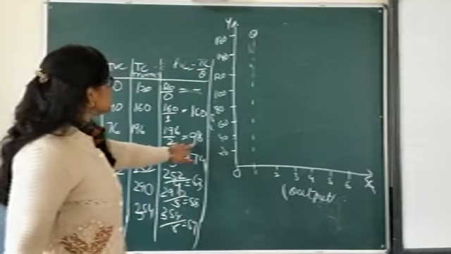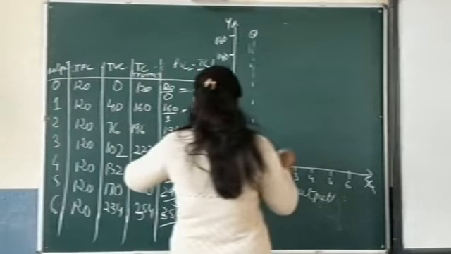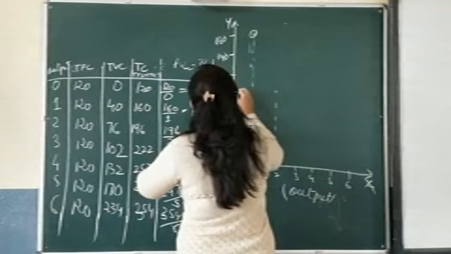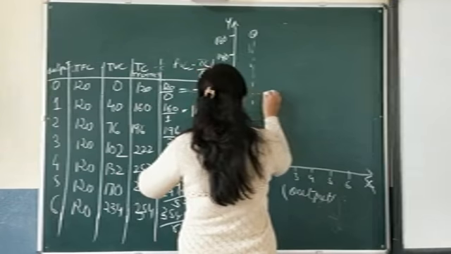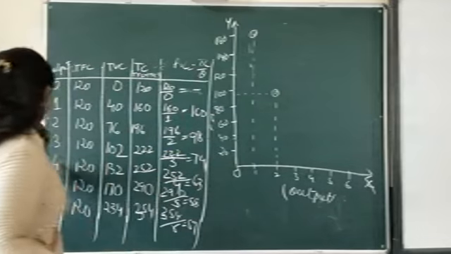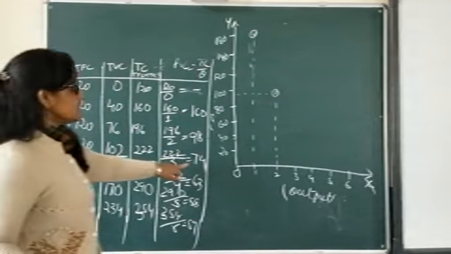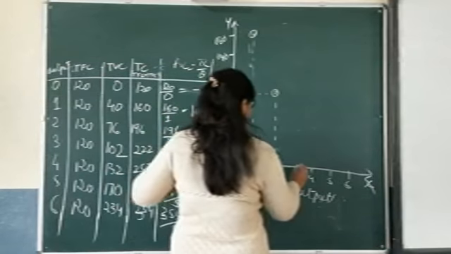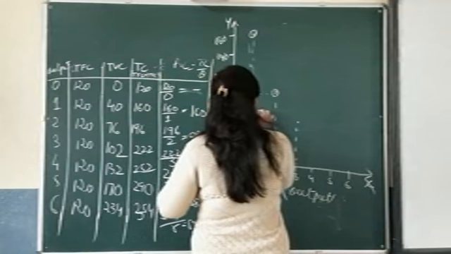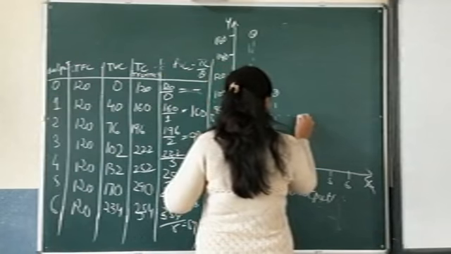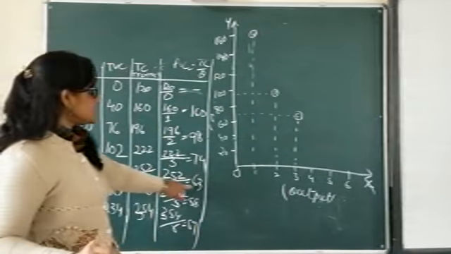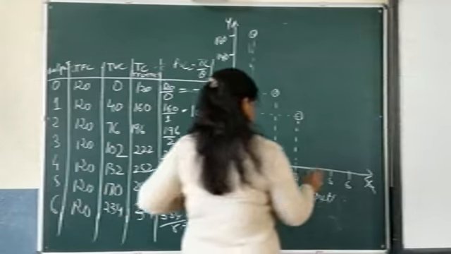At second it is 98. Somewhere here. This is your second point. At third it is 74. Somewhere here. At fourth it is 63.